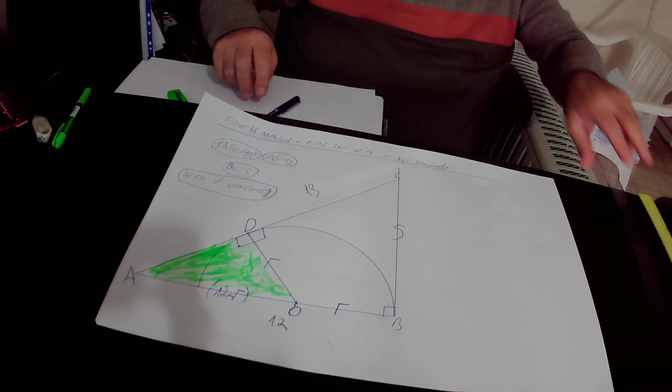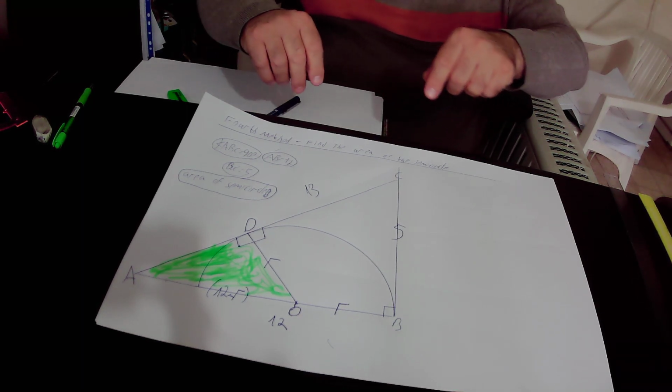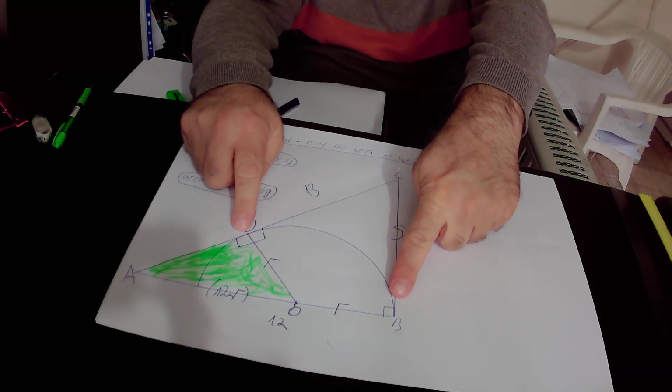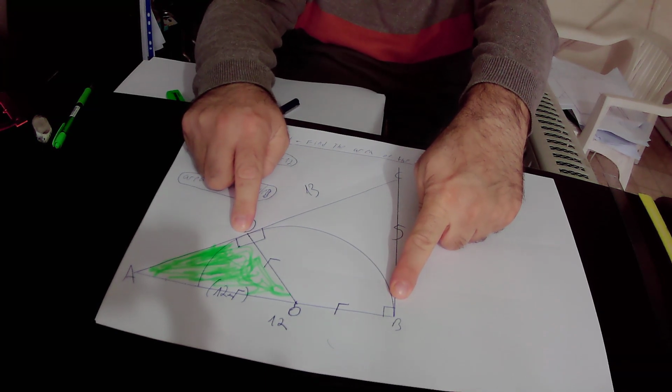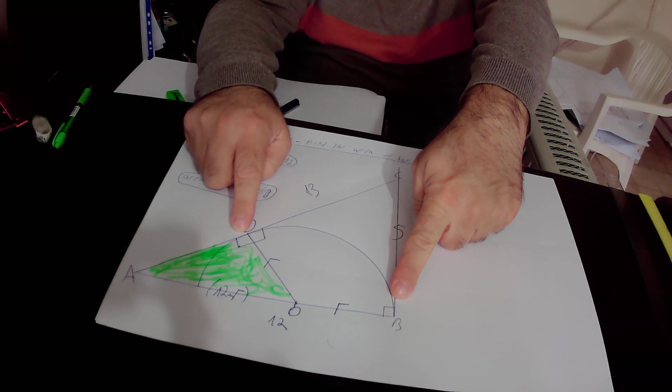Why are they similar to each other? Because first of all, we know that those two angles are both right angles. That is to say, they are equal to 90 degrees, therefore they are equal to each other.